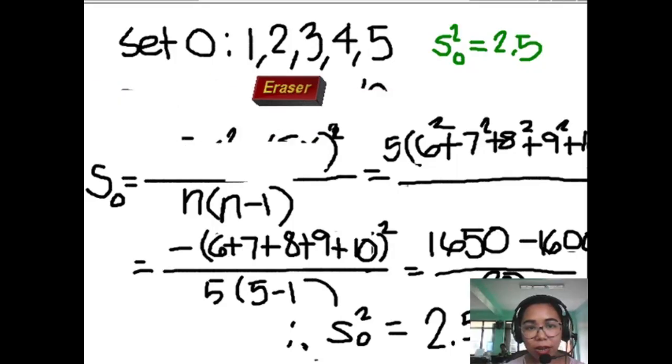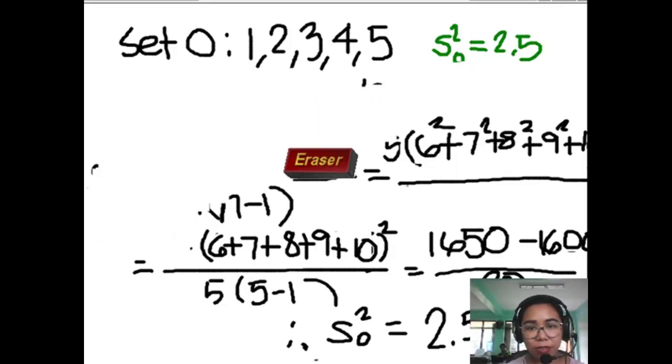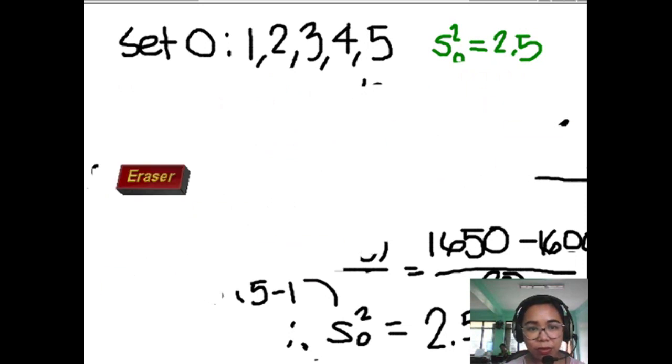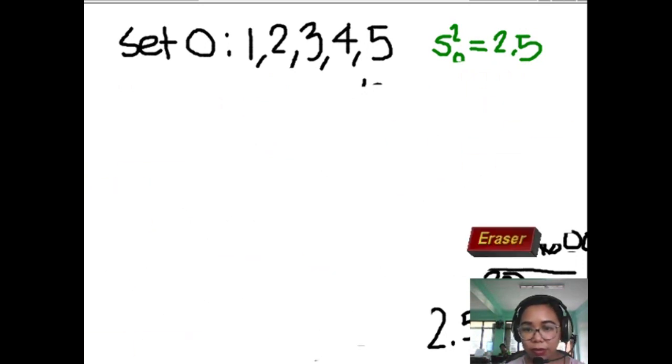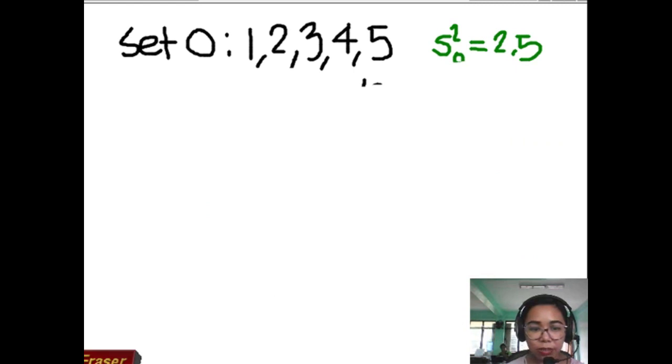So given that we still have the same observations, we have here a constant c, which is 2. We will multiply the original set with the constant value 2 in order to arrive at a new set.